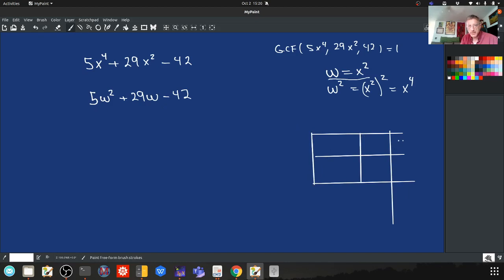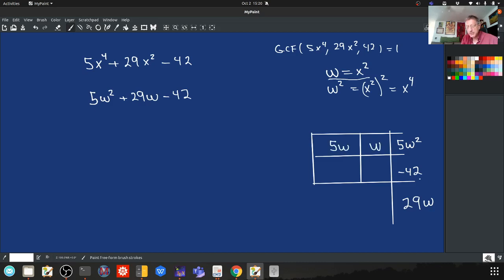So that's 5w squared. I'm always happy to see that the leading coefficient is prime. Indeed, noticing the many different times that the leading coefficient on the degree 2 term is prime is what caused me to change my preferred method of factorization to this method. So since that's 5, I only have one choice. 5w and w.